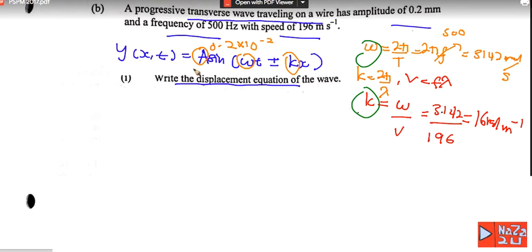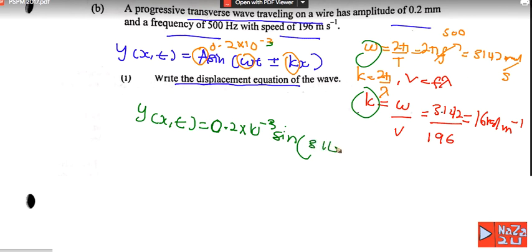Now you can write the displacement equation, y as a function of x and t. The amplitude is 0.2 times 10 to the power of minus 3, sorry, this is millimeter, so minus 3. Sine of omega, which is 3142 t, plus or minus.